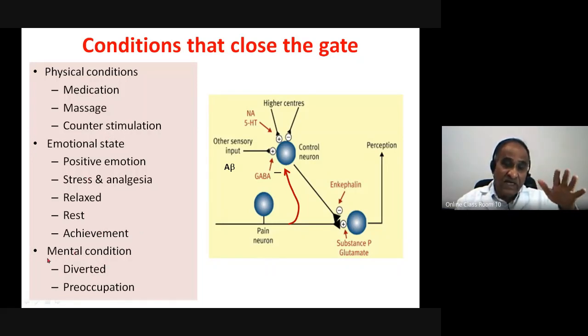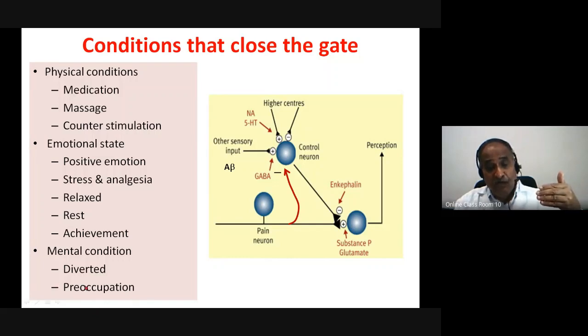Then we have the mental condition. That means you divert one's reaction to the pain to something else. You get involved in music, games, sports activity. Then the pain gets reduced. Practically the pain remains the same, but because of this mental condition, you don't feel the pain.